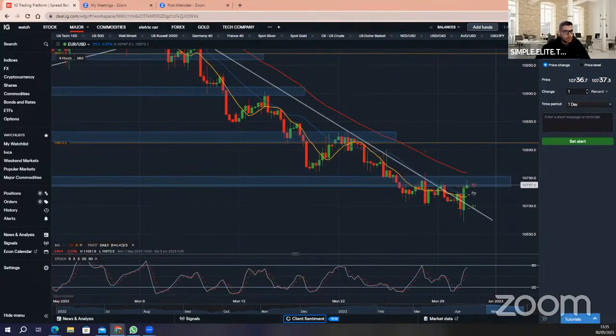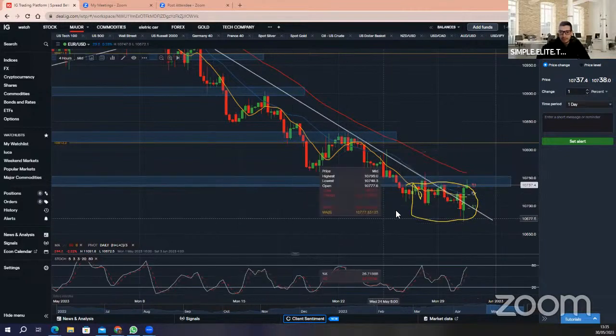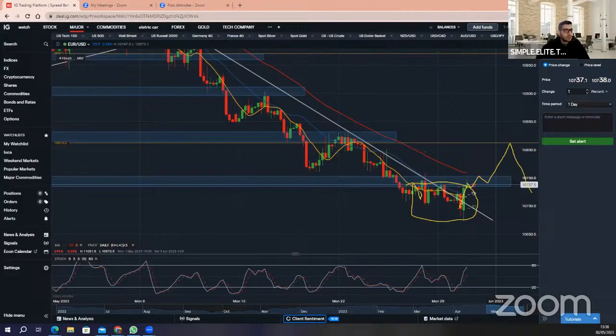Now we could probably see some ranging. And then also now it's trying to break this trend line. So let's see if price starts to head like this, 108, and then to be short again.